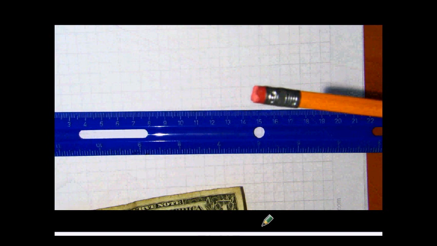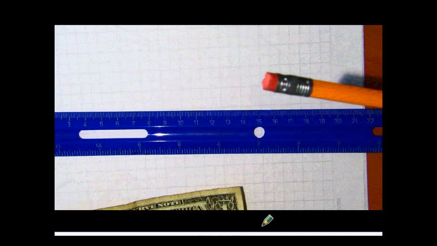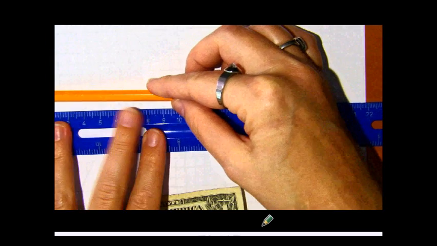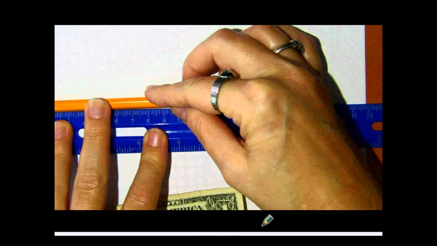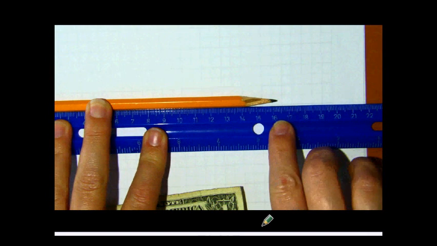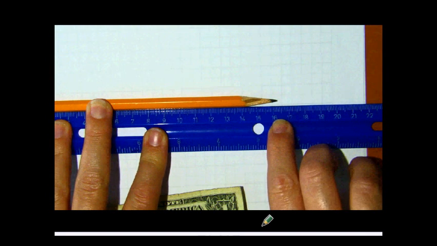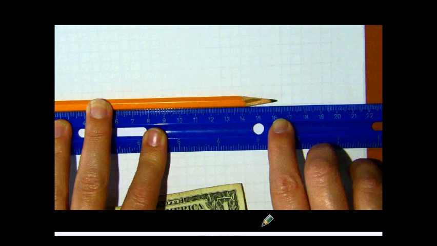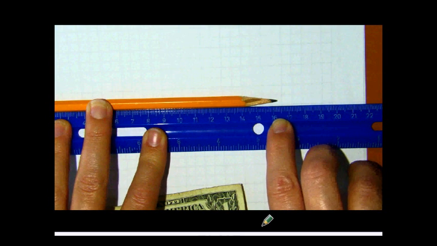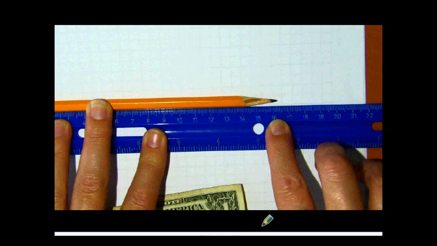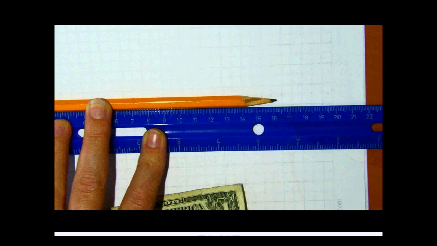You can see the eraser's kind of chunky, so it's hard to tell, but you do the best you can to line up the eraser to the 0. We're doing millimeters, so we're at 16 centimeters, and then it looks like another 2 millimeters. Well, 16 centimeters is 160 millimeters, so this would be 162.